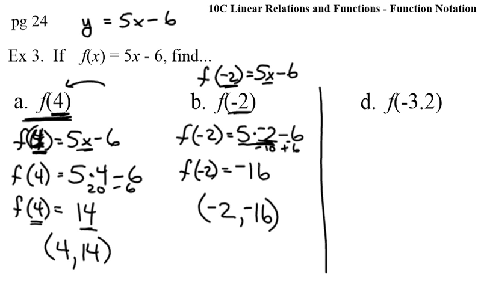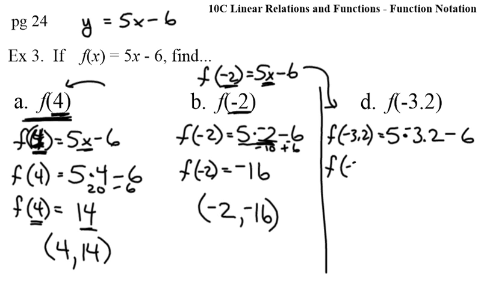Question D with the decimal, it's no different. F at negative 3.2 is, just substitute in, 5 times x, but now we know x is negative 3.2. Subtract the 6. So we end up with the function at negative 3.2.